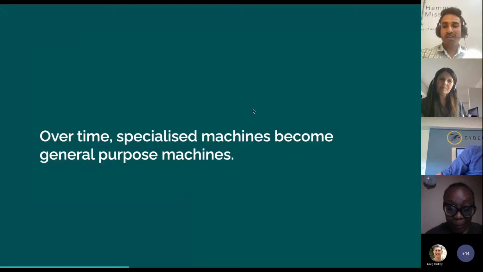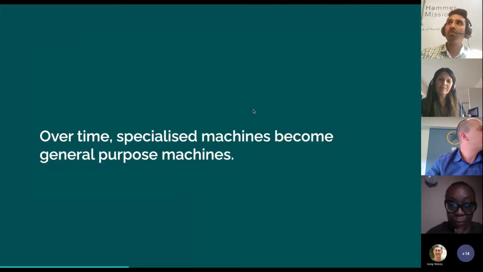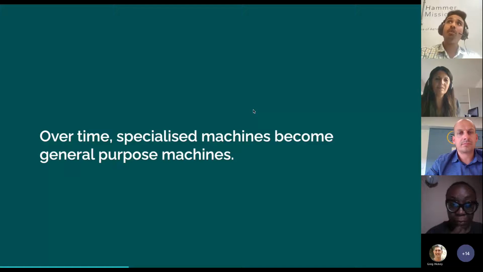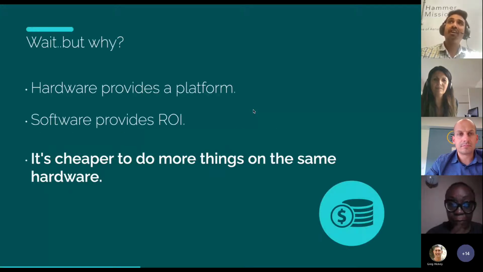What I'm trying to get at is that over time, we as humans make these specialized machines which become general purpose machines. We build them in a way that over time we use them for more than one use case. I wanted to try and understand why that happens.